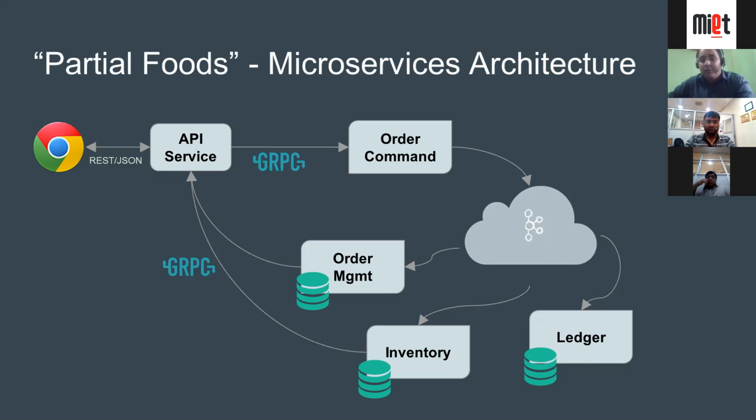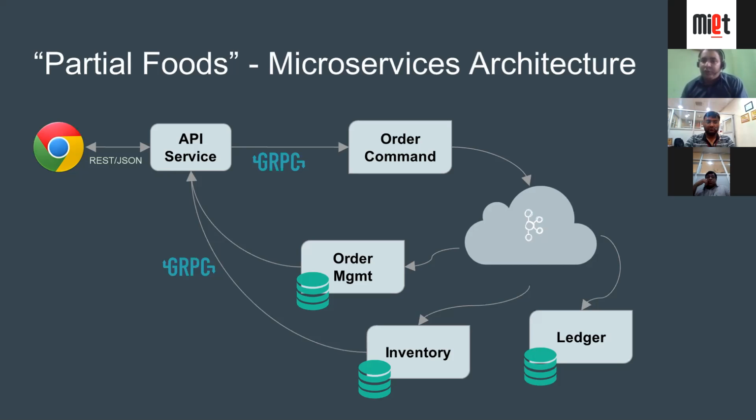Suppose my order management is not working; in that case my order command is working, inventory is working, ledger is working, my app is not down, my app is giving the response. It may be that I will get the order confirmation after 10, 15 or 30 minutes, but my whole system is working. This is the beauty of the microservice architecture: if any service is down, my whole system will not be down.